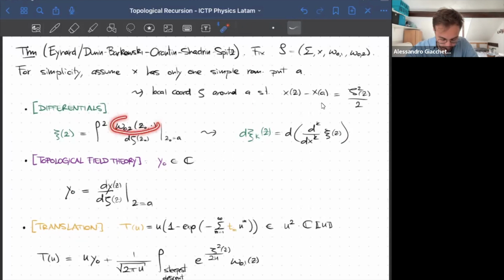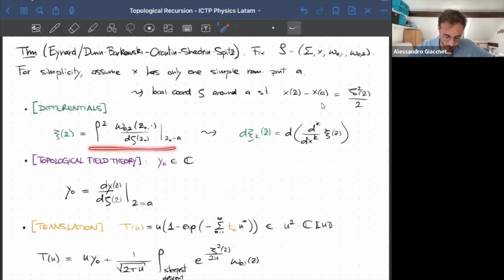So let's take omega 0,2. That depends on two variables, but let's ignore the second variable. Let's look at it as a form in the first variable. And if we take the derivative with respect to this local coordinate zeta, and we evaluate it at the variable equal to the ramification point a, the result of this is just a one form in the second variable.